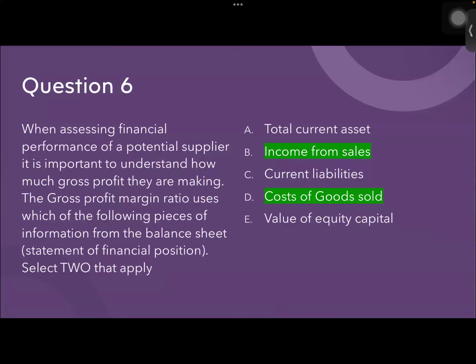A liquidity ratio, like the current ratio, is about the ability to pay off short-term debt, while the profit margin ratio is more about assessing the efficiency of operations and whether this business is making any profit, at least for the past period.